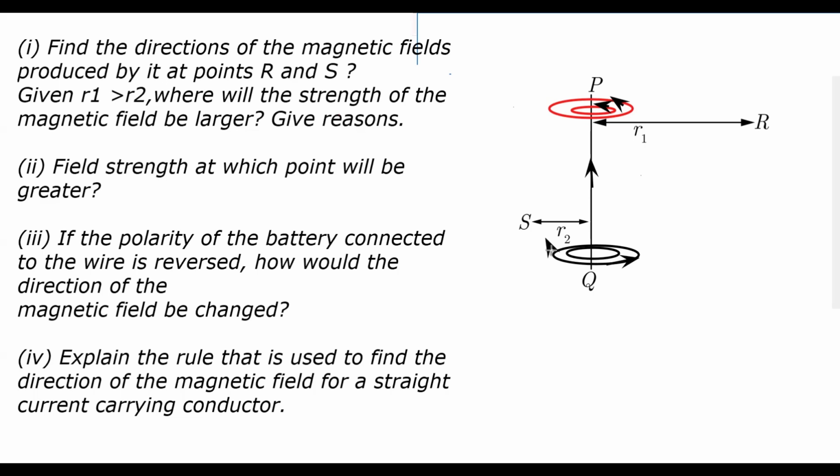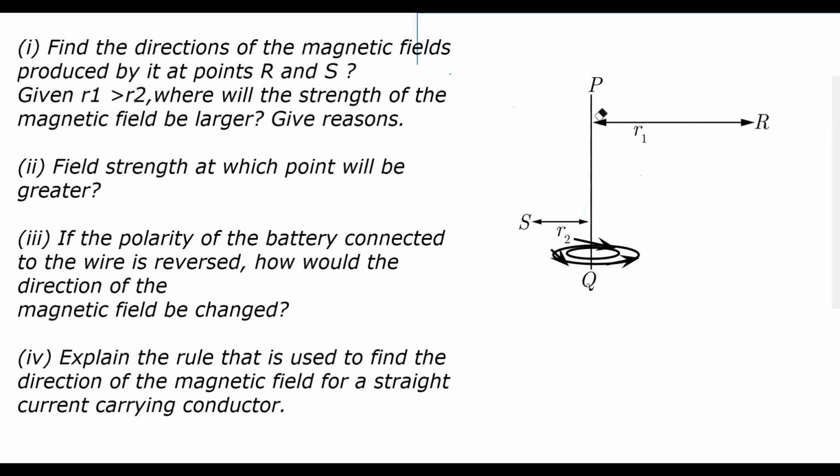So you'll say that at point R, the magnetic field line is into the page, and at point S it is out of the page. That should be the answer for the first part.